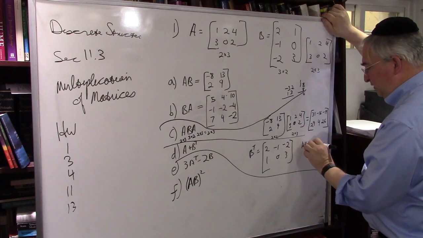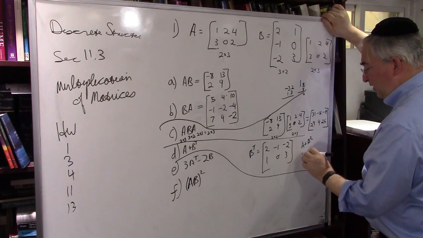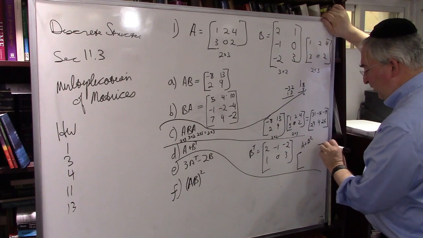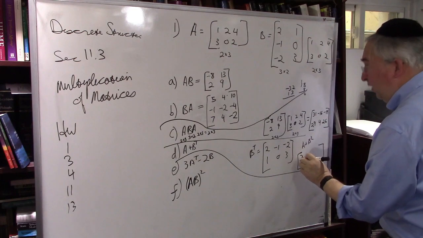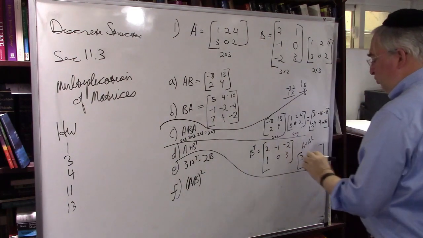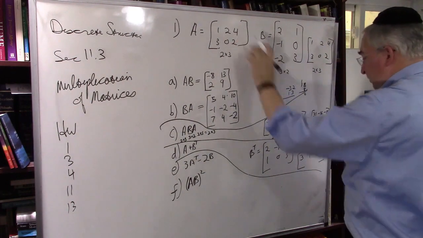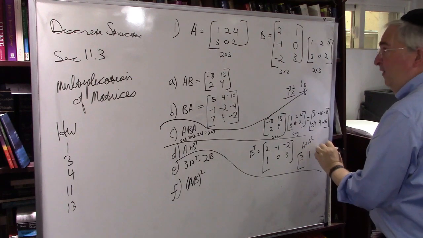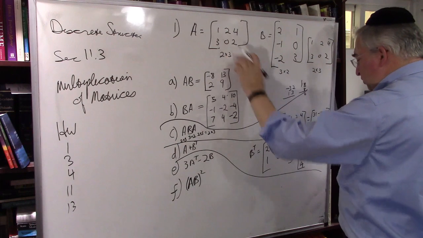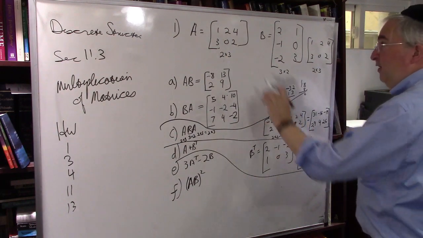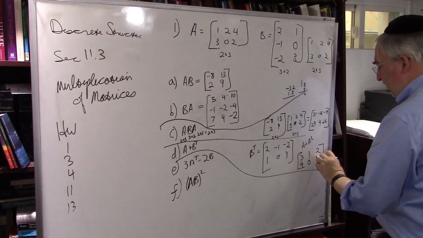A plus B transpose is going to be a 2 by 3 matrix. And we do it. 1 plus 2 is 3. 2 plus minus 1 is 1. 4 plus minus 2 is 2. 3 plus 1 is 4. 0 plus 0 is 0. 2 plus 3 is 5.